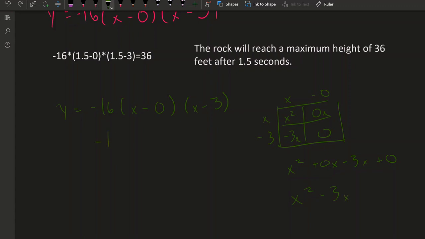So I get negative 16 times x squared minus 3x. And then I'm just going to distribute the negative 16. Gives me negative 16x squared plus 48x. I put y equals there. So it would actually be h of t is equal to negative 16t squared, because we're using time in seconds, plus 48t.